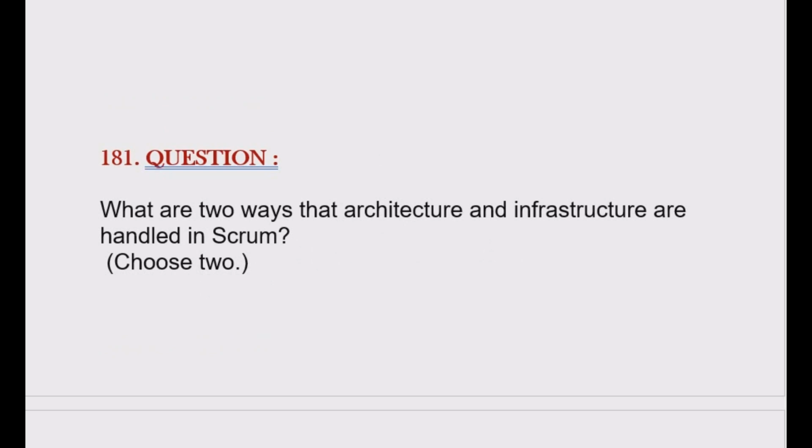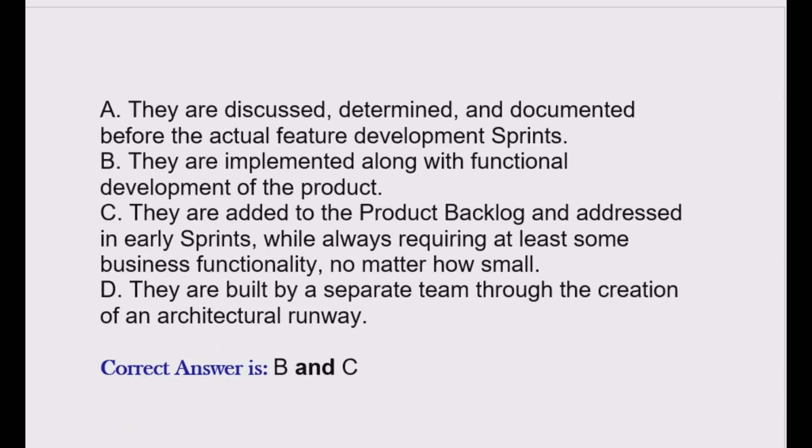Question is, what are two ways that architecture and infrastructure are handled in Scrum? Choose two options. Option A, they are discussed, determined, and documented before the actual feature development sprints. Option B, they are implemented along with functional development of the product.